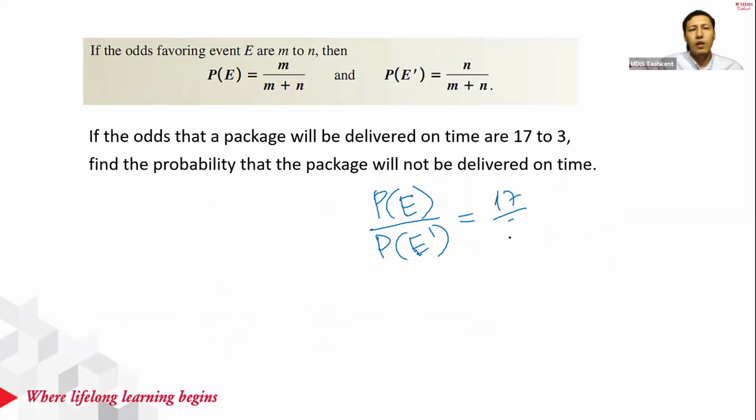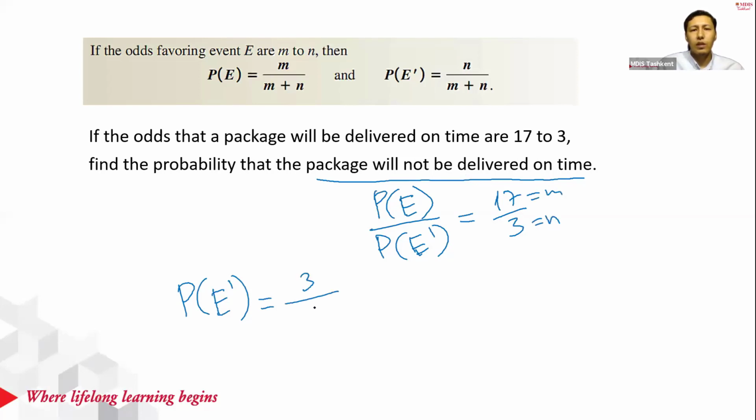This is given. Find the probability that the package will not be delivered on time. So this is M, this one is N. If you substitute, you get 3 divided by 17 plus 3, that's equal to 3 over 20. Or you can write it as 0.15.